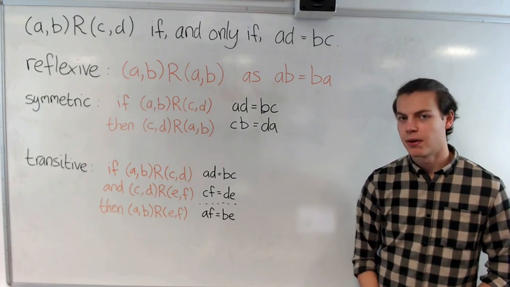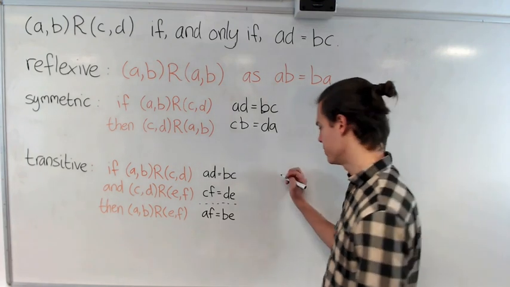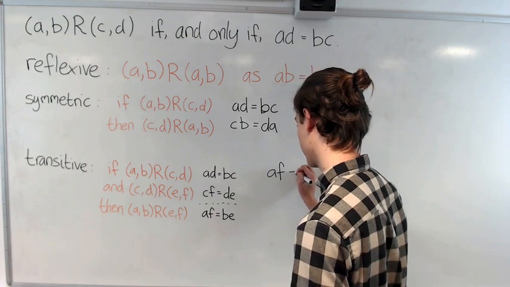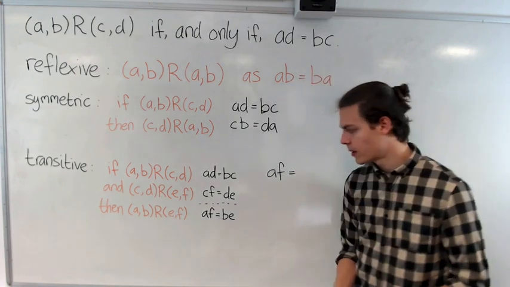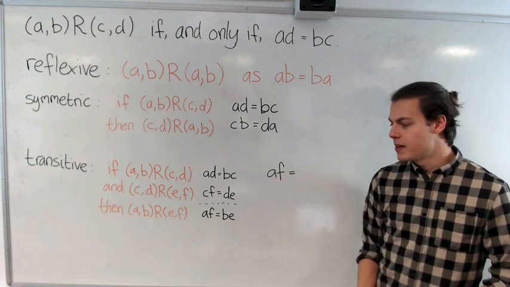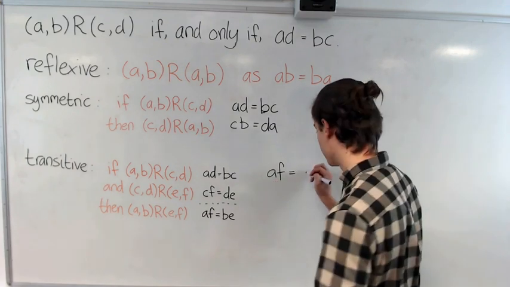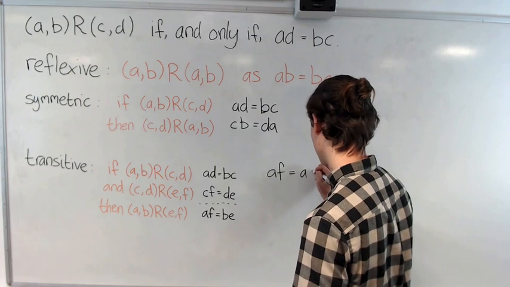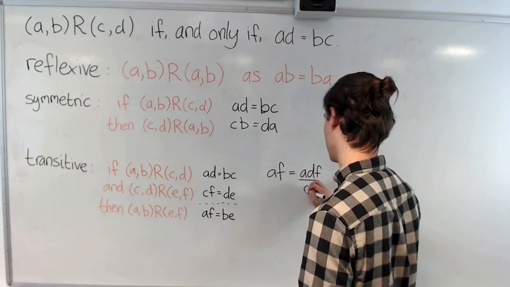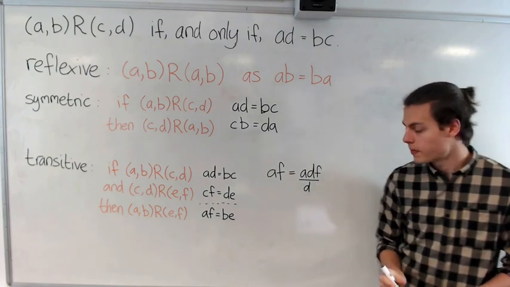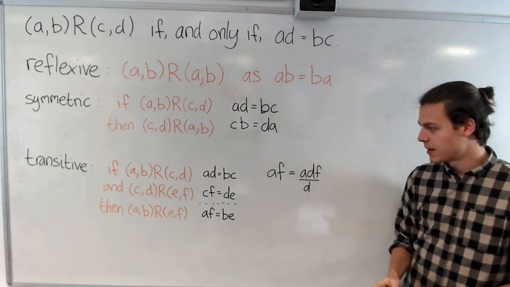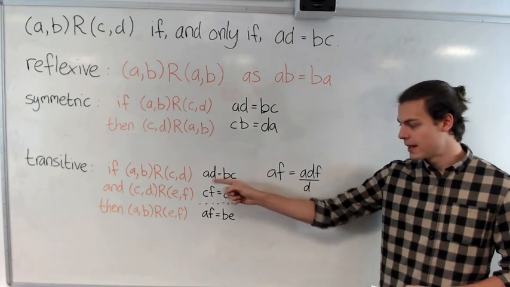So let's start by writing down AF. Now let's multiply and divide by D. Now we can substitute BC for AD.